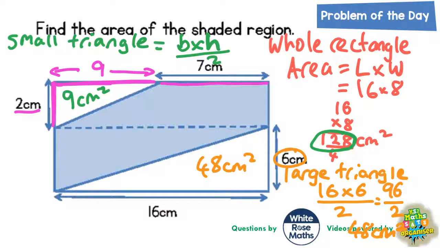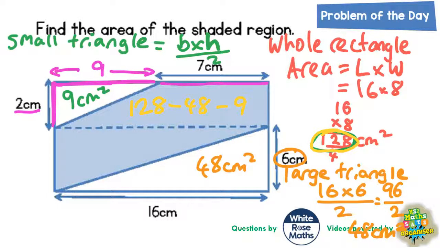We're almost ready to find the area of the shaded region. So earlier we said that the total was 128, so the large rectangle was 128. I will need to take away the two smaller triangles to get the area of the shaded shape. So we need to take away 48 and then take away another 9.